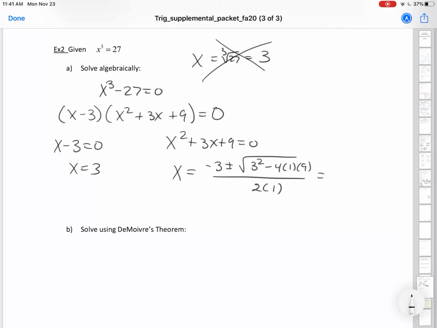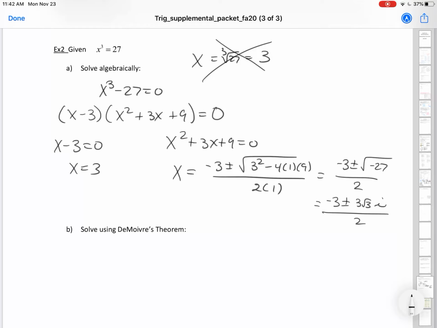And we're just going through and saying, hey, negative 3 plus or minus the square root. 9 minus 36 is negative 27, all over 2. Okay, awesome. We're almost done. Negative 3 plus or minus 3 root 3i all over 2.